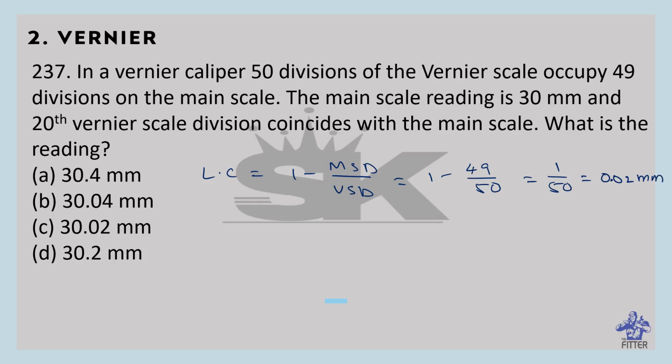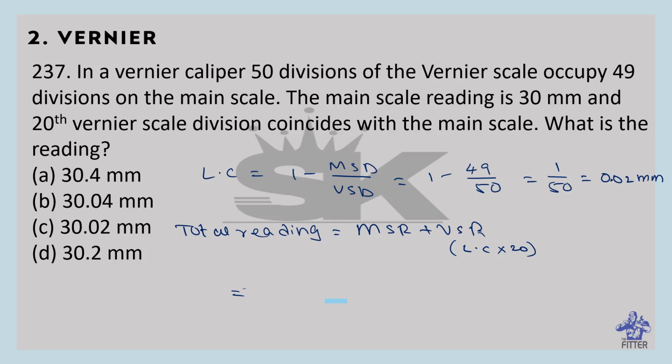So here the total reading is main scale reading plus vernier scale reading. The vernier scale reading is least count times the coinciding division, which is 20, right?